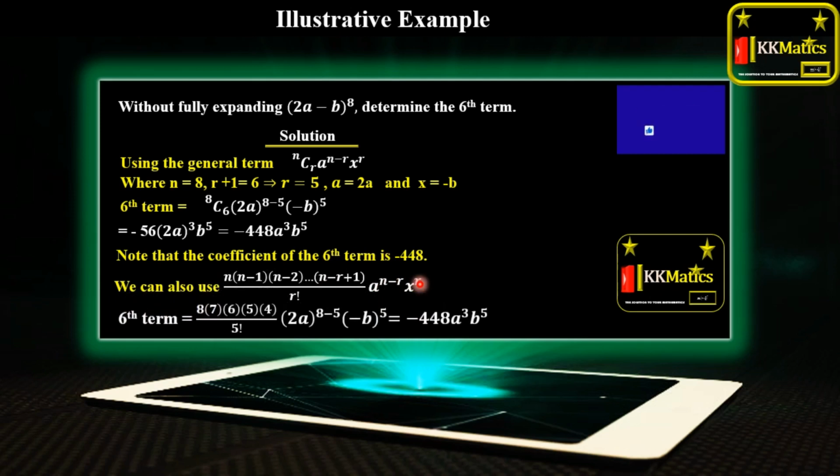We can then substitute the values into it. Our n here is 8, so this decreases from 8 to 7, 6, 5 and 4. I recall that our r here is 5. So 8 minus r plus 1: 8 minus 5 gives us 3, and 3 plus 1 gives us 4. And so we make use of this formula, substitute all the other necessary things, and that gives us minus 448, the same value there.